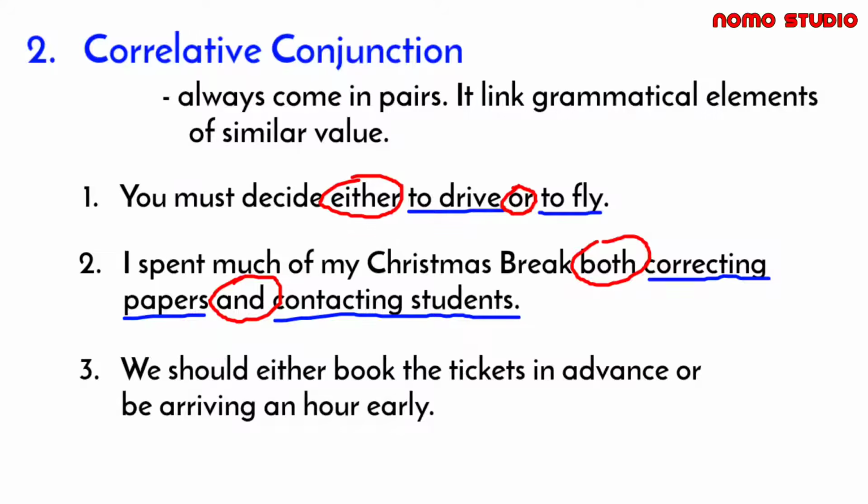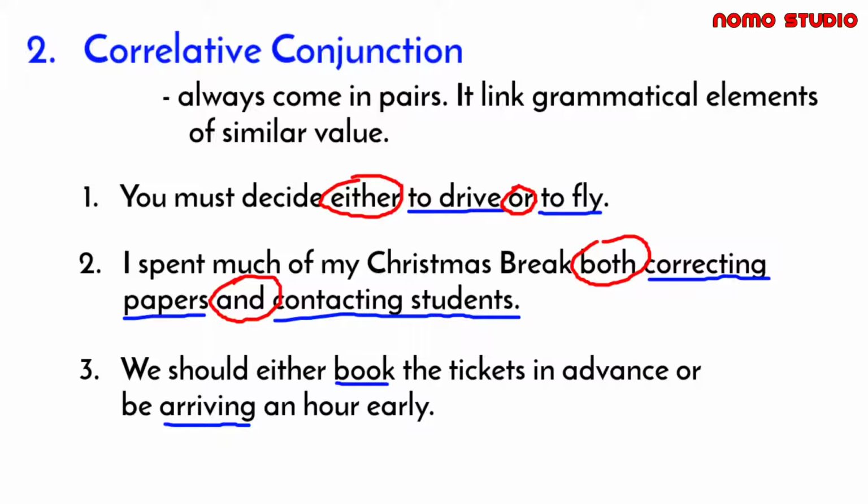We should either book the tickets in advance or be arriving an hour early. What do you think is an error here? Yes, you're right. The grammatical structure is not parallel. Observe the verb here, book, and the verb after the second part of the correlative conjunction, arriving, which is not parallel in construction.